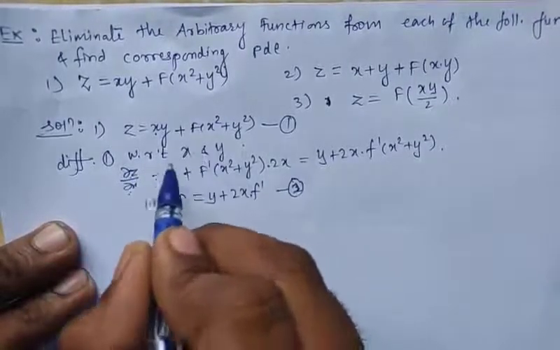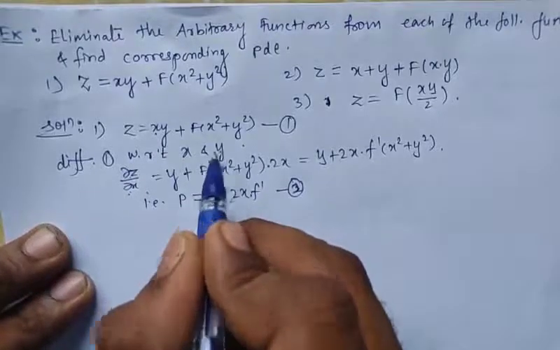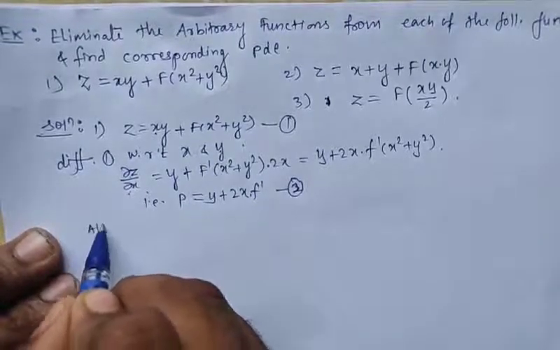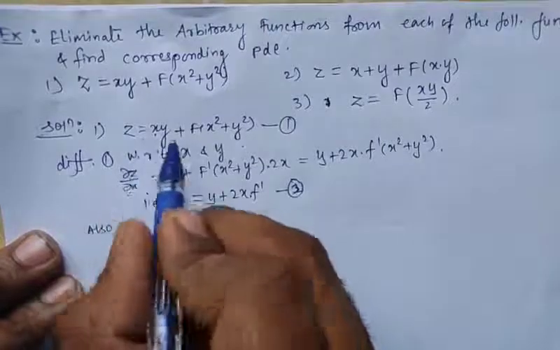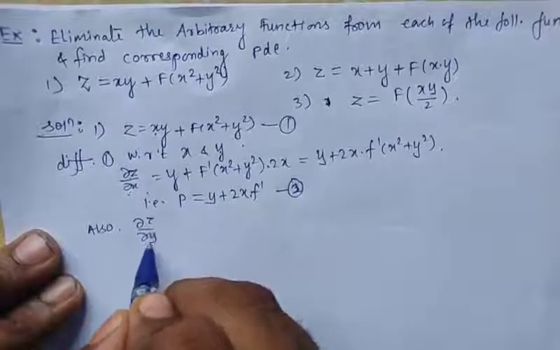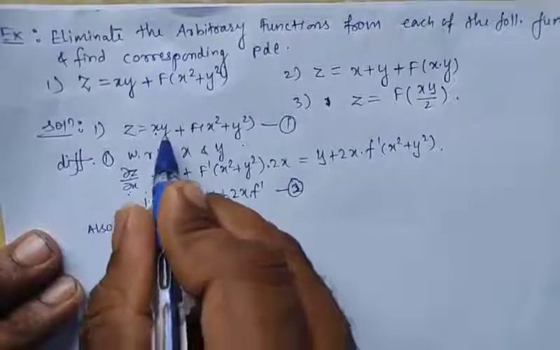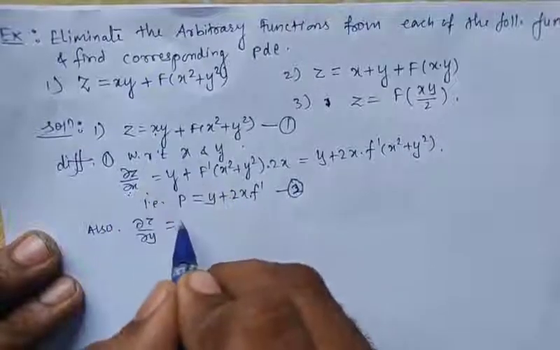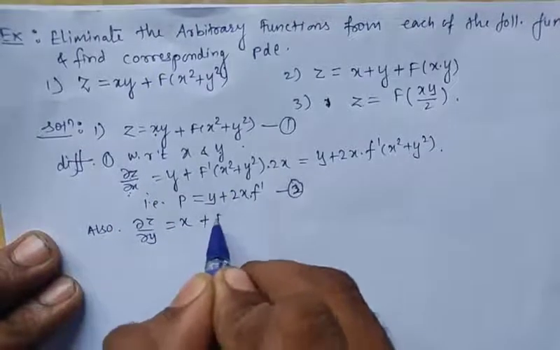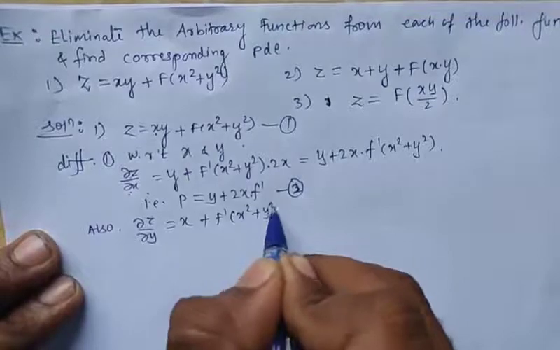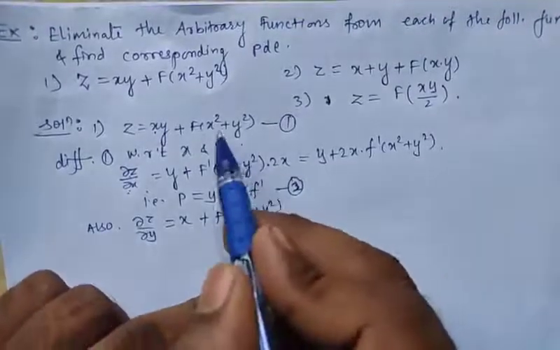Now again differentiate with respect to y, then what we get? After differentiating it with respect to y, we get del z by del y is equal to, derivative of y with respect to y is 1, so here x plus f dash of x square plus y square, because f is a function of x and y.